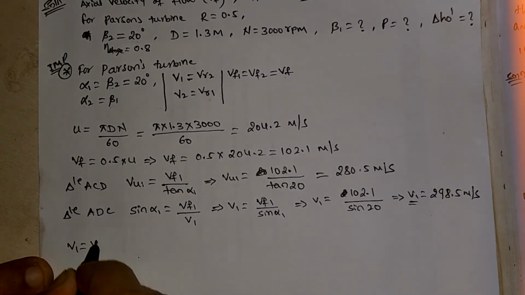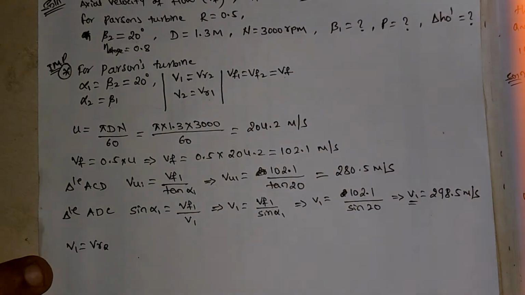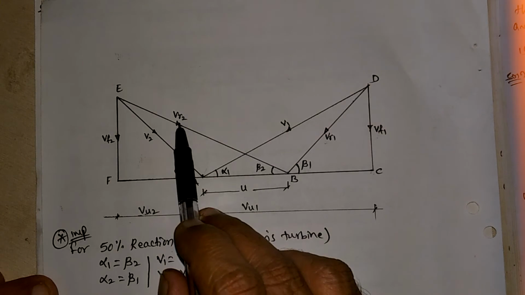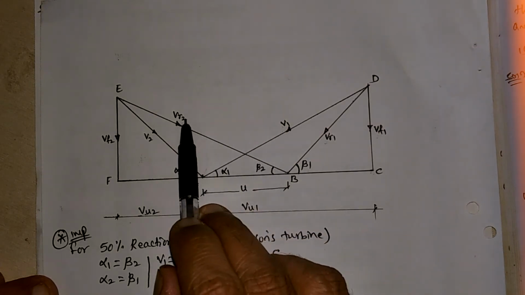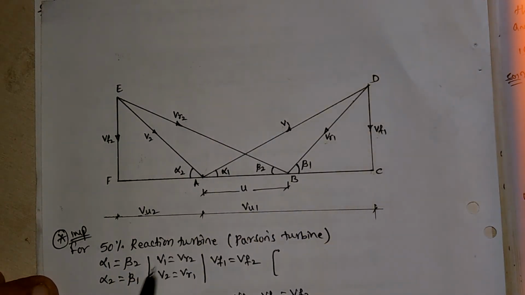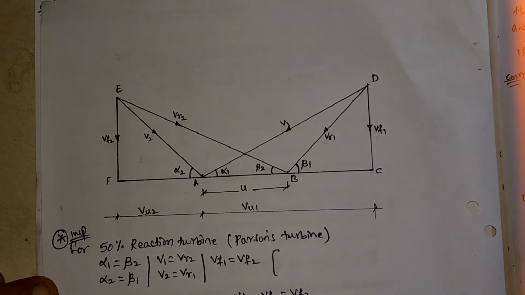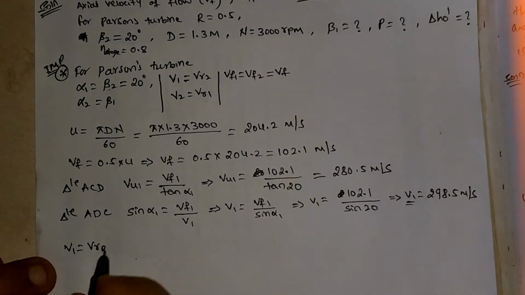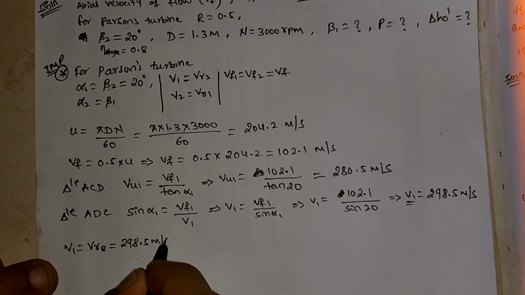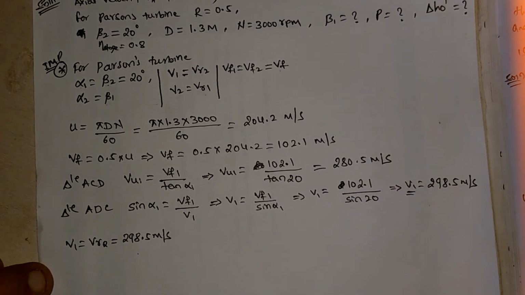V1 is equal to VR2. If I take the general form of the velocity triangle for the Parsons turbine, these two line lengths, V1 and VR2, remain the same. So V1 is equal to VR2, which is equal to 298.5 meters per second.